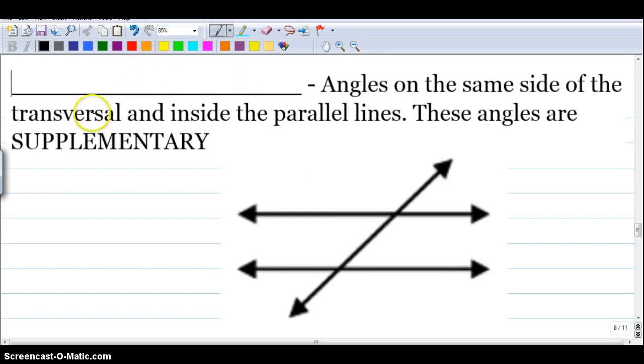The next ones are going to be same side interior. Now these are pretty much self-explanatory. Same side interior, they are on the same side, so they're both either going to be on the left or they're both either going to be on the right, and they're on the inside, so they have to be in here on the inside.